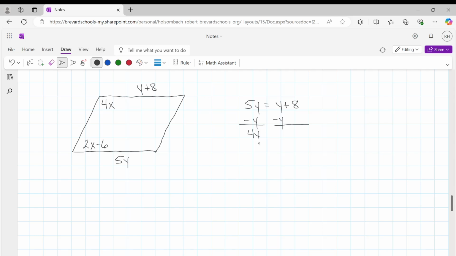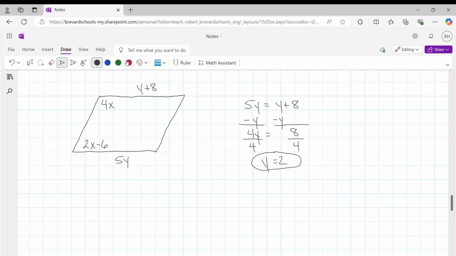So 4y is equal to 8. Divide both sides by 4. And y is equal to 2. Opposite sides are congruent.